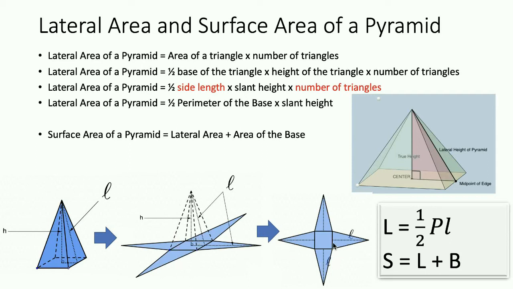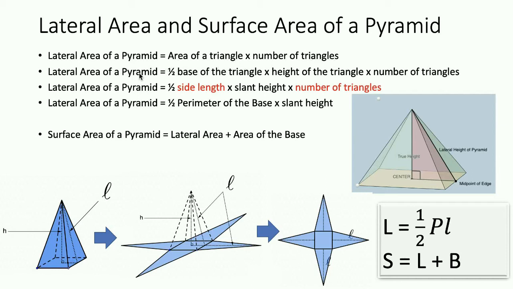We see these dashed lines here. These dotted lines represent the slant height, and then we have the square here. And so to find the lateral area is just simply these, in this case, 4 triangles. If it was an octagon, it would be 8 triangles. So the lateral area is going to be the area of a triangle times the number of triangles there are.